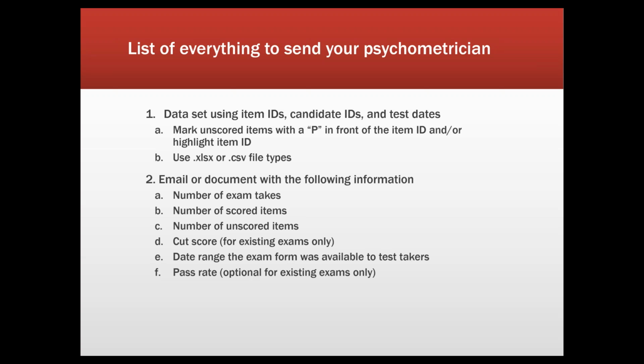If this is an existing exam and you have a cut score, we need to know the cut score. We need the date range that this particular exam form was available to test takers. And as an extra bonus for QCing, if you give us your pass rate for existing exams only, that's another way that we can double check the data. And that's everything that we need, and that's what the data needs to look like.